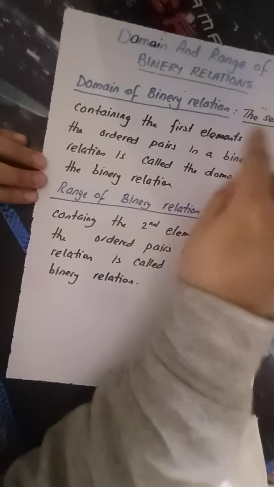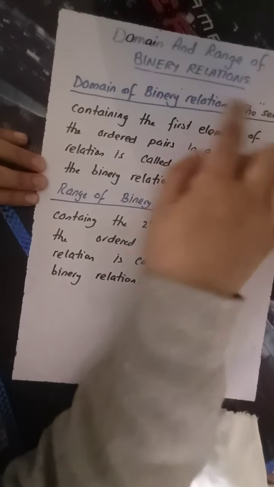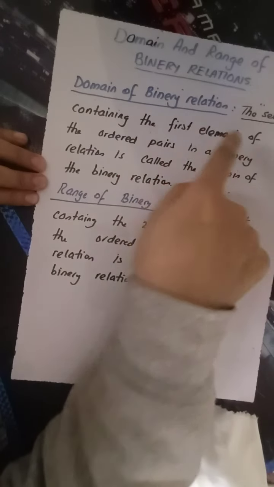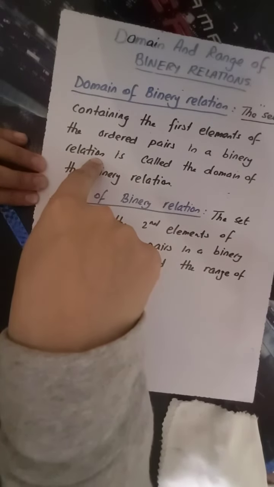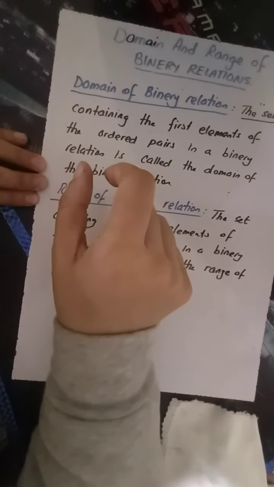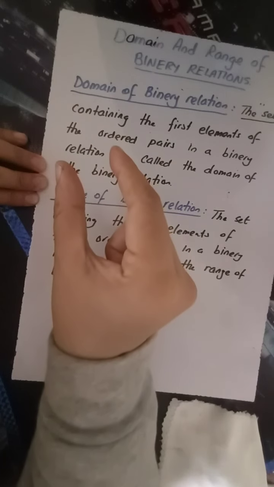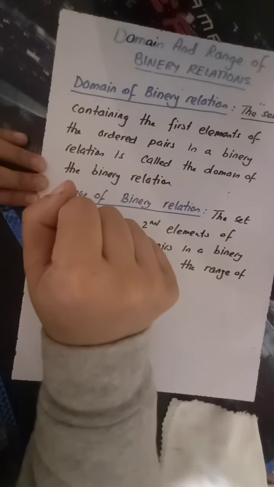First of all, what we are saying is the domain of the binary relation is the set containing the first elements of the ordered pairs in a binary relation. Now we had calculated binary relations a few minutes ago. In that you had seen that in the binary relation we have ordered pairs, and in each ordered pair we have two elements, the first element and the second element.